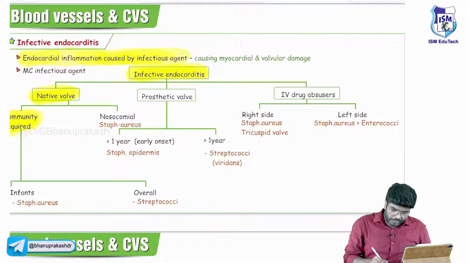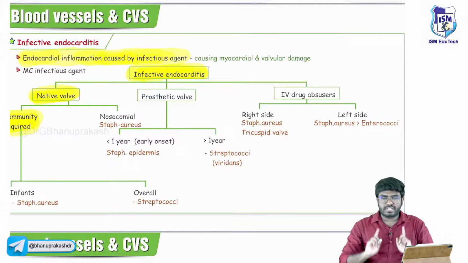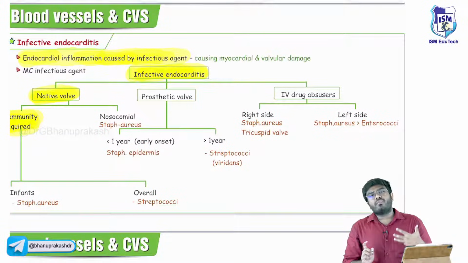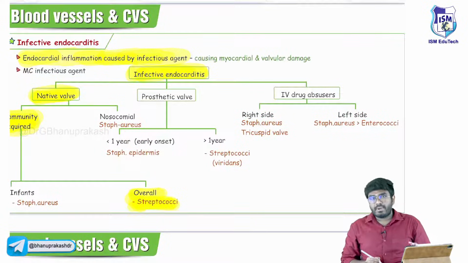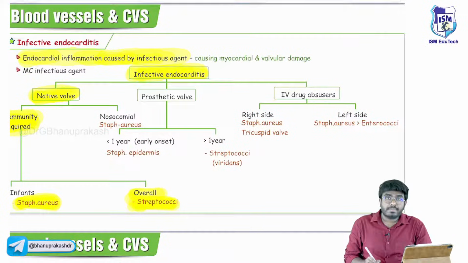See, in a general normal community in the society, the most common cause of infective endocarditis overall is streptococci. Overall it is a streptococcus, sir. But if they ask you specifically in the infant population, the most common cause of infective endocarditis is Staph aureus, a coagulase positive organism.